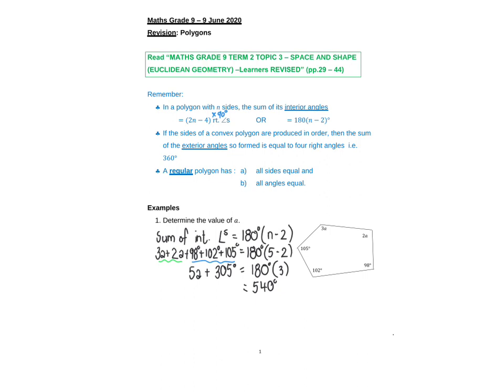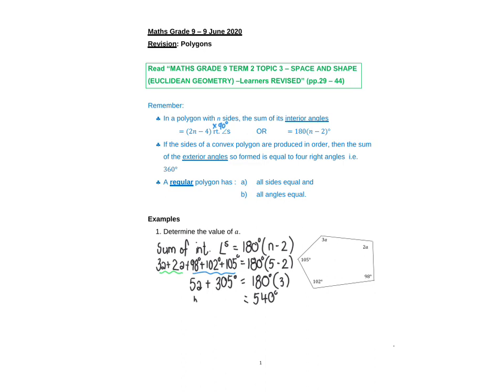Now I isolate our variable by subtracting 305 from each side, leaving 5a isolated on the left hand side, equal to 235 degrees. Lastly, if I divide that by 5, a's value or size is equal to 47 degrees.